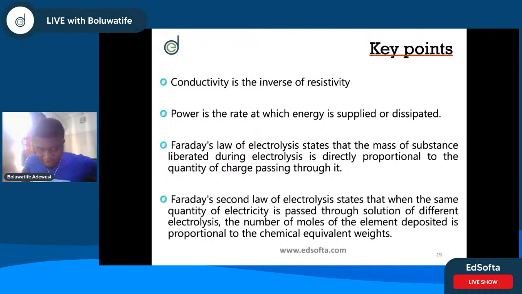So what we're just saying here is the ratio of the moles deposited is directly proportional to the quantity of electricity passed through the electrolyte. Okay, and with that we have come to the end of the slide.